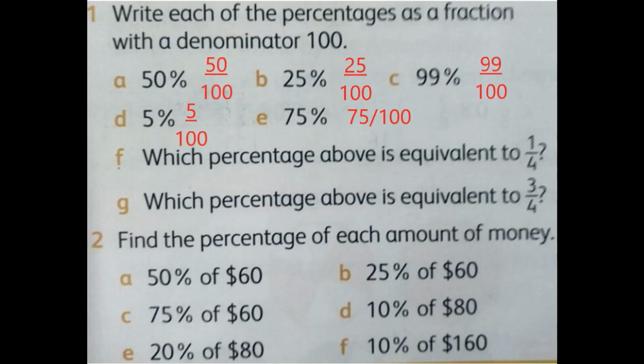So we know that for 1a, 50% was 50 over 100. If we simplify that, that'll be 1/2. That is not an equivalent to 1/4. Okay, for 1b, if you simplify 25 over 100, the answer is 1/4. So for letter F, the answer for letter F would be 25%.